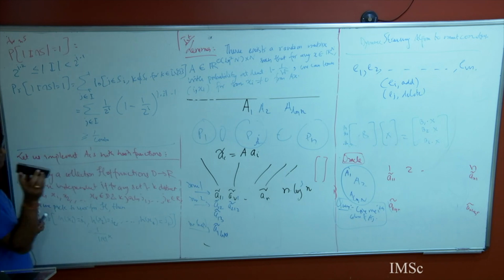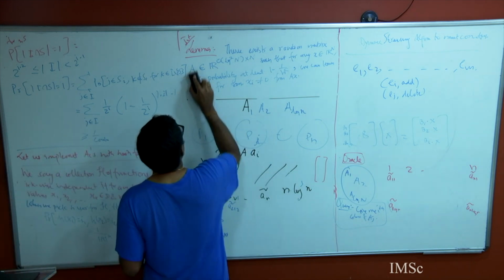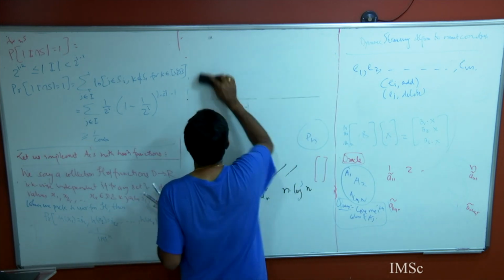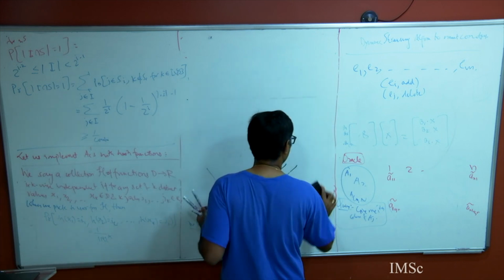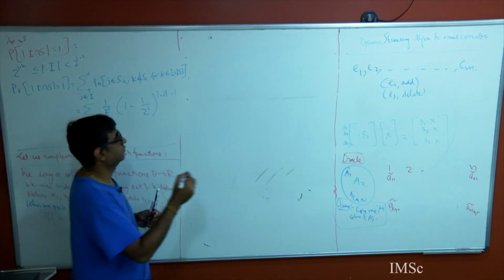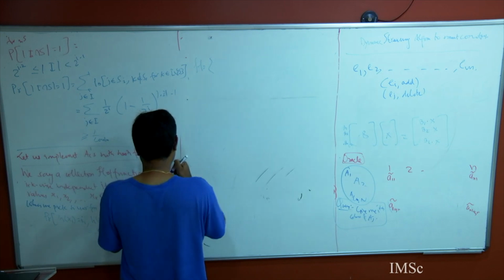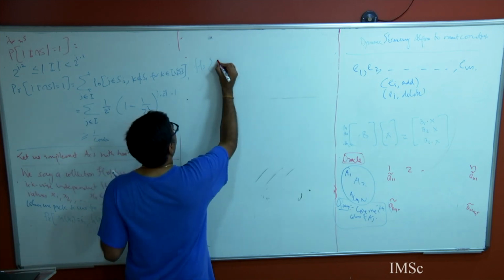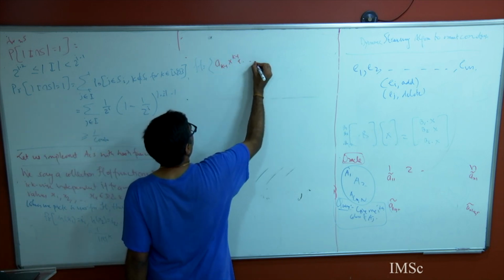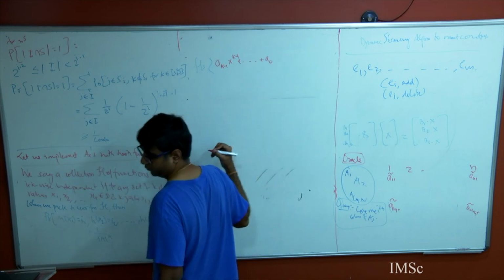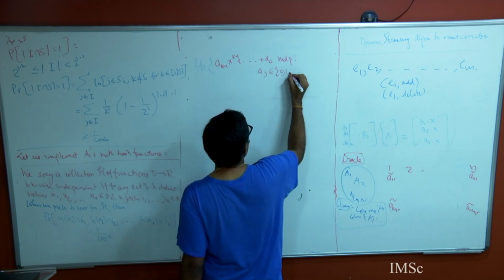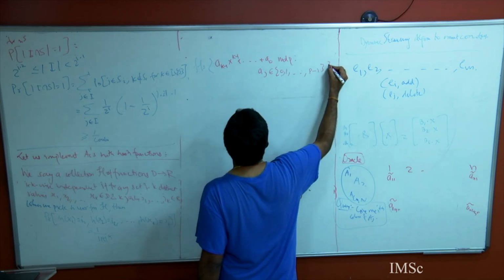One family of k-wise hash functions is h(x) = (a0 + a1 x + ... + a_{k-1} x^{k-1}) mod some prime p, where each a_j belongs to 0 to p minus 1.